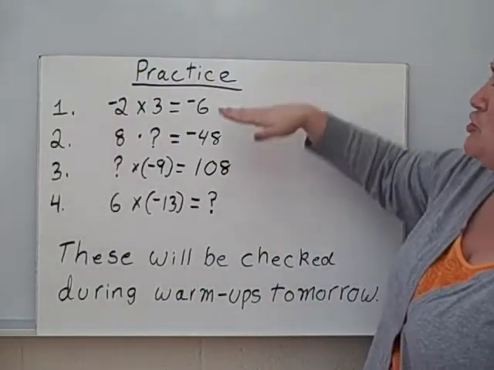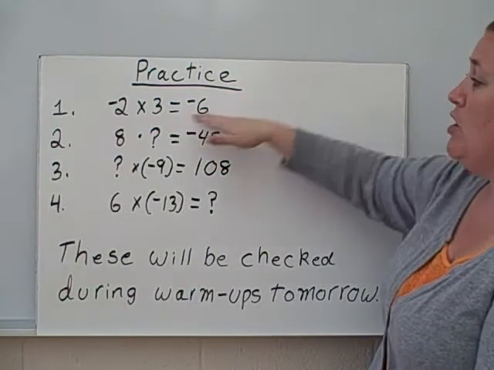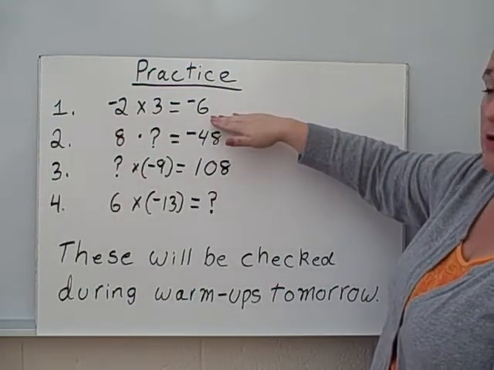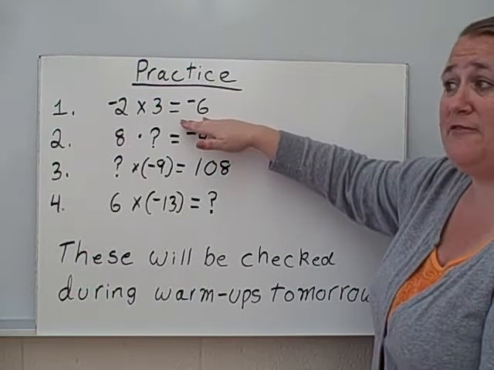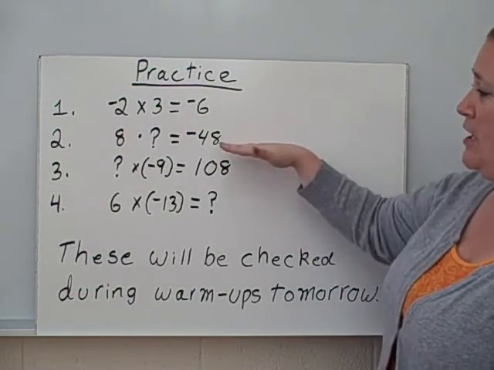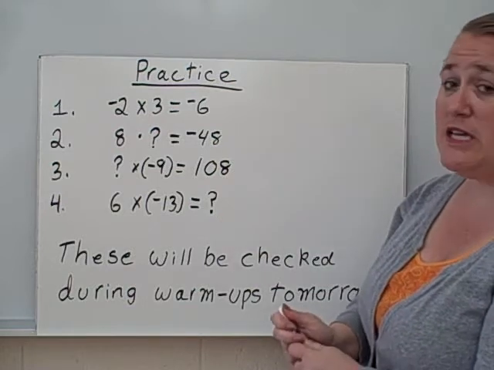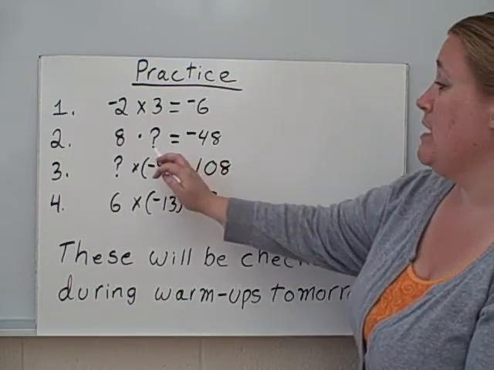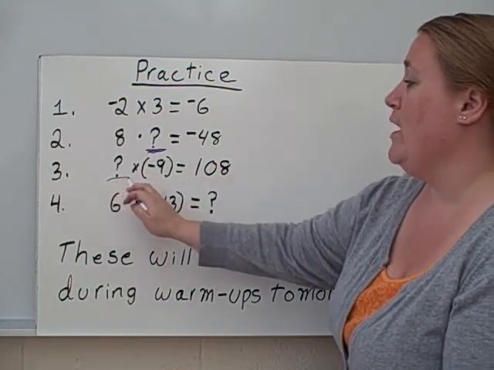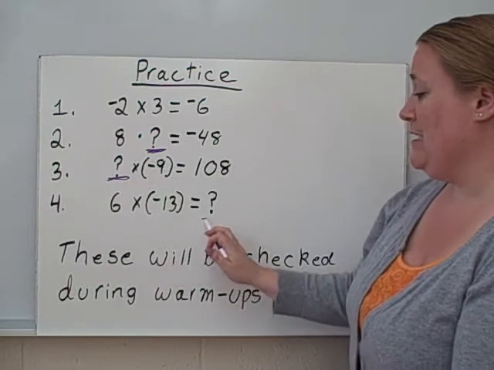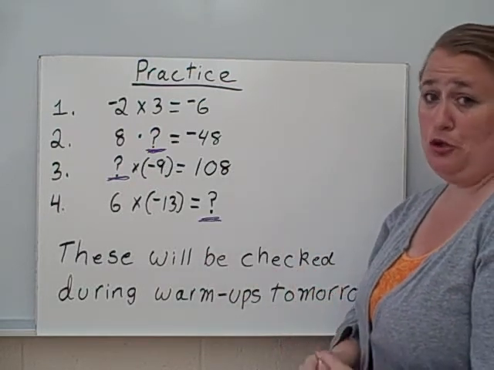Okay? So number 1, I want you to create the fact family for this problem. You're given this one. There are 3 more that you have to write. Number 2, 3, and 4. Using what you know about fact families, you are going to find what number goes in each of these spots that will make these problems true.